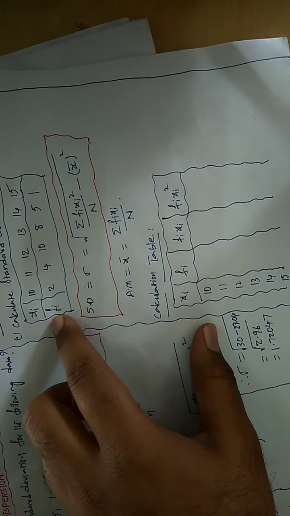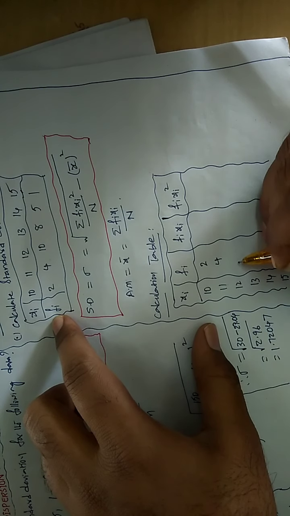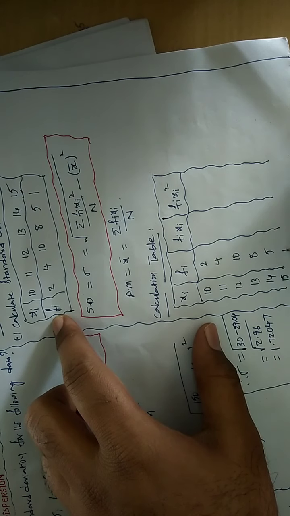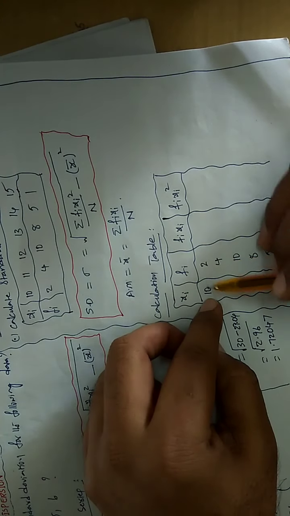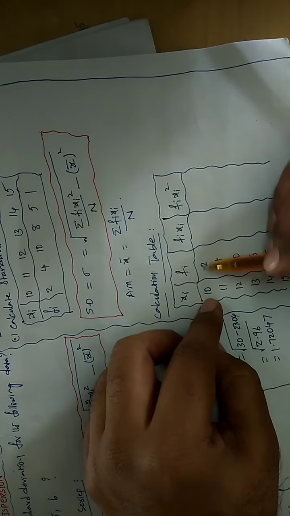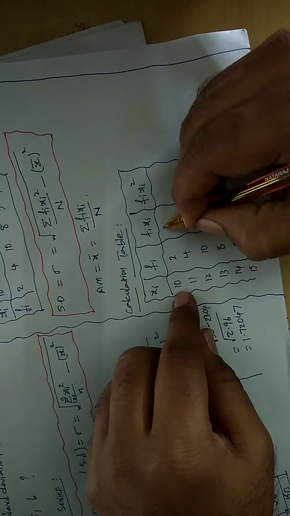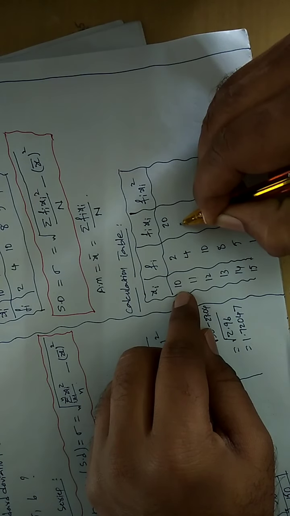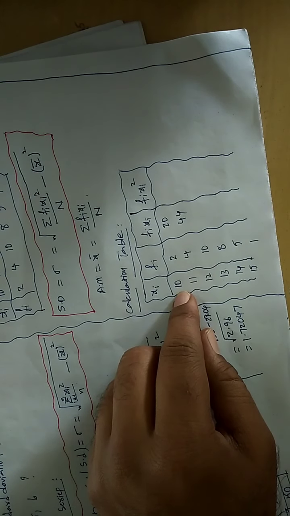In the same way, what are the fi values? 2, 4, 10, 8, 5, 1. Now we take the product. 10 into 2, that is fi into xi. So we are taking the product of these two. 10 into 2 becomes 20, like 44, so 120. Like that we fill up all the things.